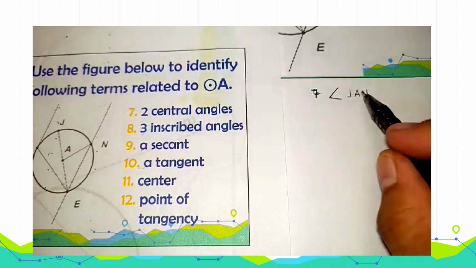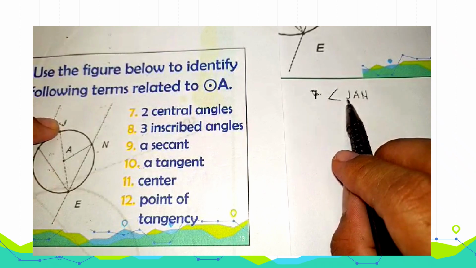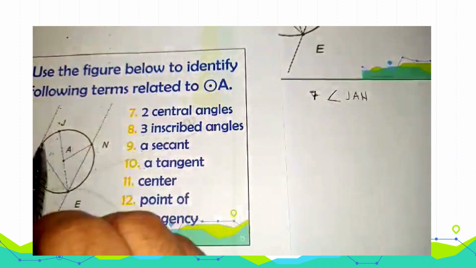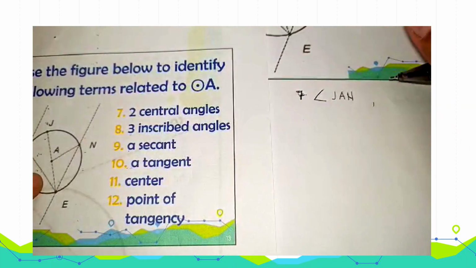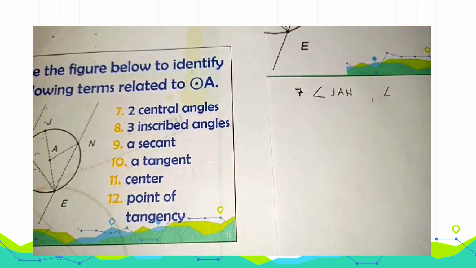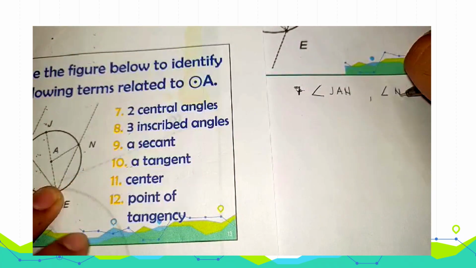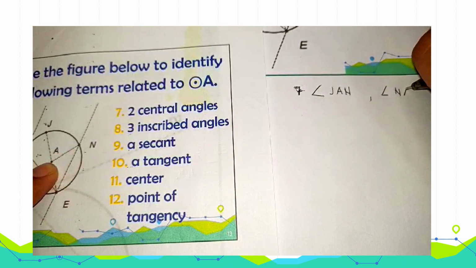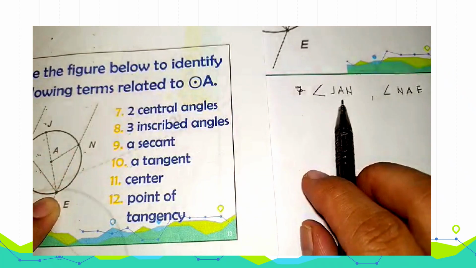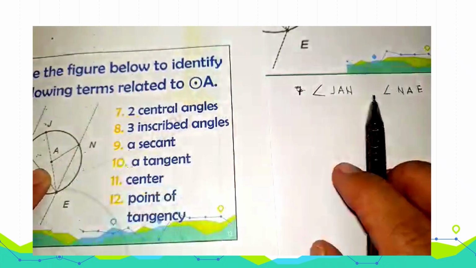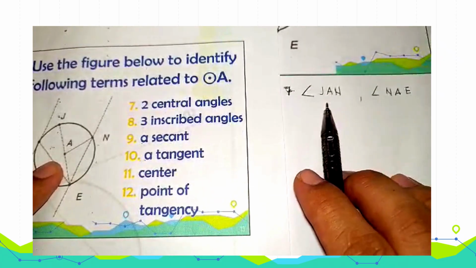I wrote A in the middle since it is our vertex. So this will be our angle. Next will be angle NAE. Remember, the vertex of the angle should be the second point when you name the angle.